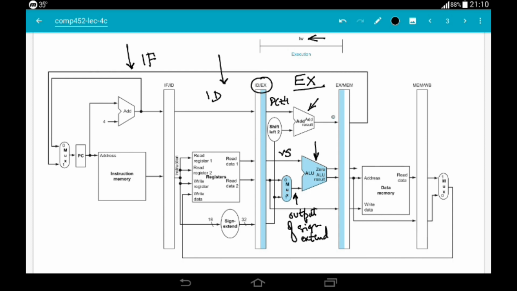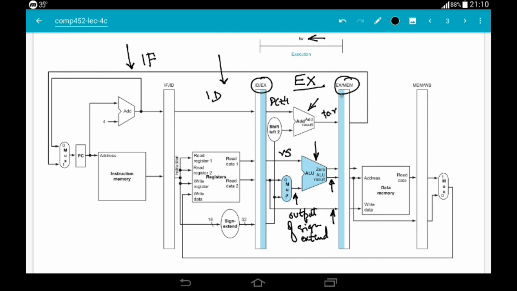So now you can see that 4 values are being written. This is the branch target, let's simply write it as TAR. This is the zero flag, and this is the memory address, and this is the value of the RT register. We're not going to be using it, but still it is being sent to the next pipeline register, which is the EX/MEM pipeline register.